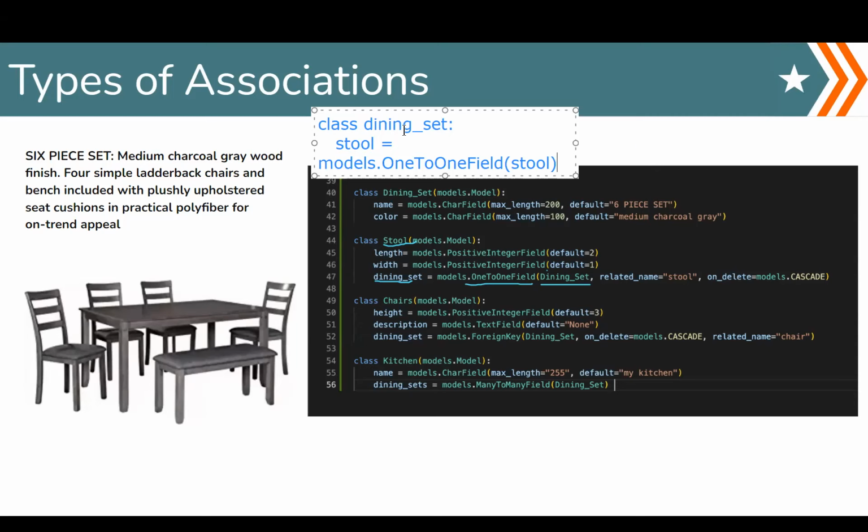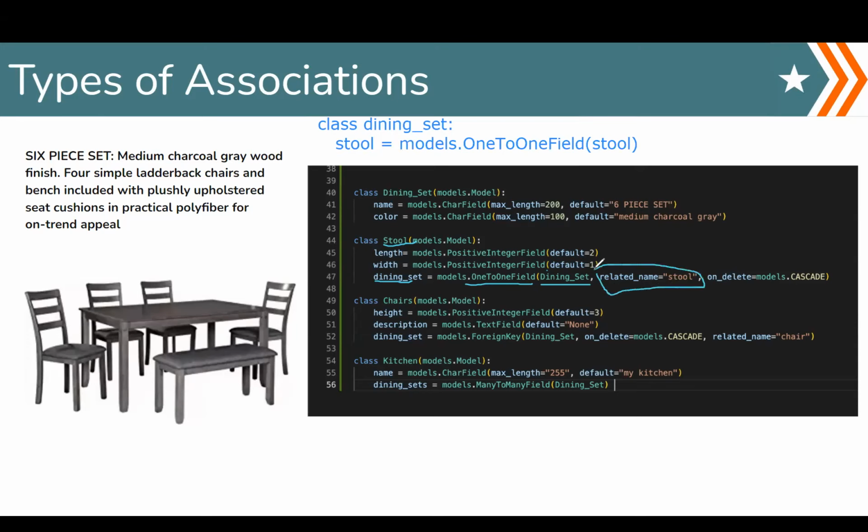That's the function of the related name up here. It basically serves to say, all right, I know that my stool is associated with one dining set. Let me also make sure I have a method to show that my dining set has a stool as well. Using this feature with the related name, if I give you a dining set, you can now say dining set.stool, and you'll get the stool associated with that dining set. If I give you a stool, I can say stool.dining_set, and you'll get the dining set associated with the stool.